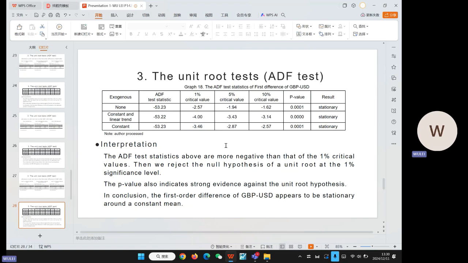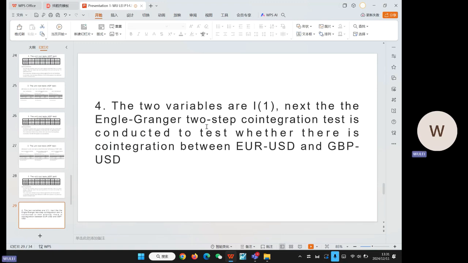Then we reject the null hypothesis of a unit root at the 1% significance level. The p-value also indicates strong evidence against the unit root hypothesis. In conclusion, the first order difference of GBP/USD appears to be stationary around a constant mean. The two variables are I(1).